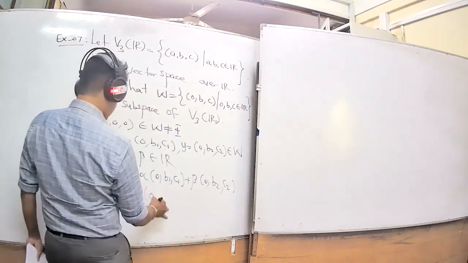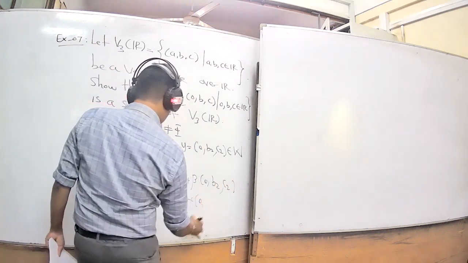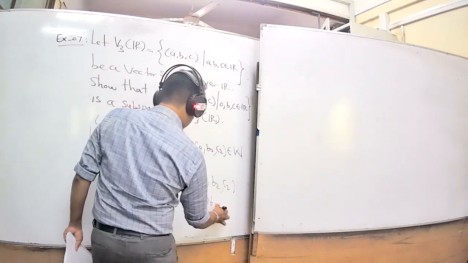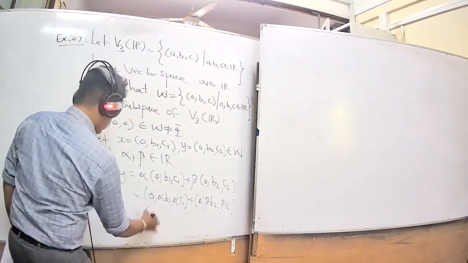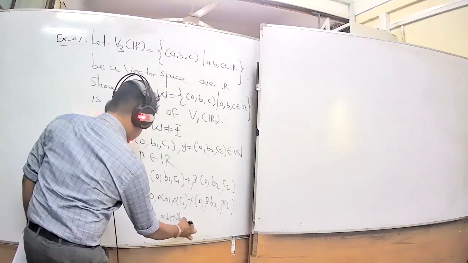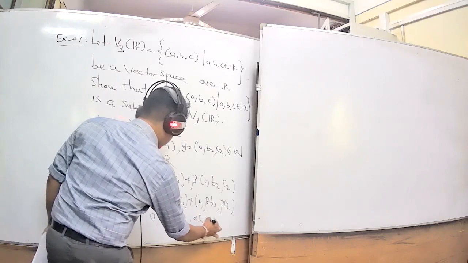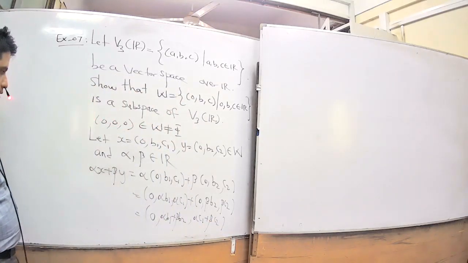Then you can write 0, alpha b1, alpha c1 plus 0, beta b2, beta c2. Just usual addition: 0, comma, alpha b1 plus beta b2, alpha c1 plus beta c2.